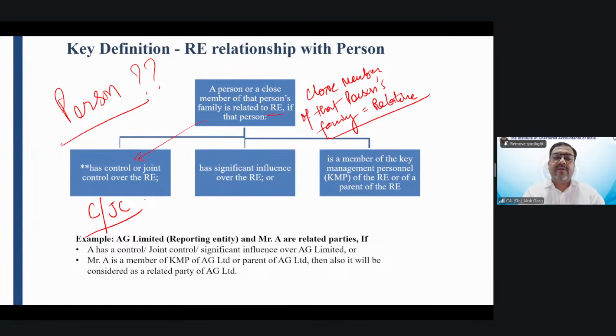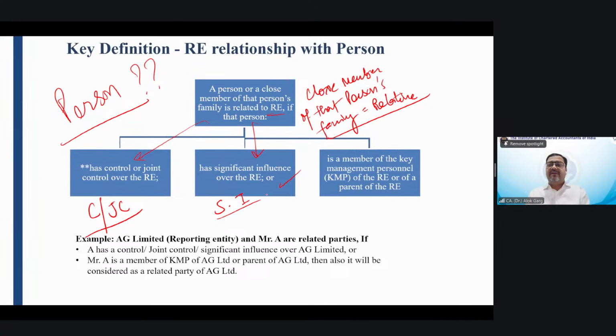Then, friends, if that person has significant influence over the reporting entity, we know if there is control, the first entity will become a parent and the other entity will become a subsidiary. If there is joint control, the first entity will become a venturer, the other entity will become a venturer.